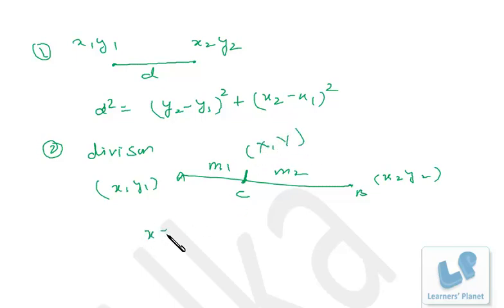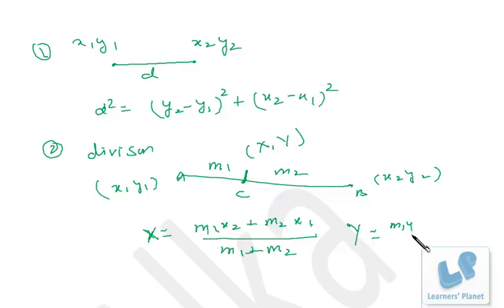So x is equal to m1 x2 plus m2 x1 upon m1 plus m2, right? Similarly, y is equal to m1 y2 plus m2 y1 upon m1 plus m2. This is called internal division because C is in between A and B, not exactly at the center but between A and B, right?